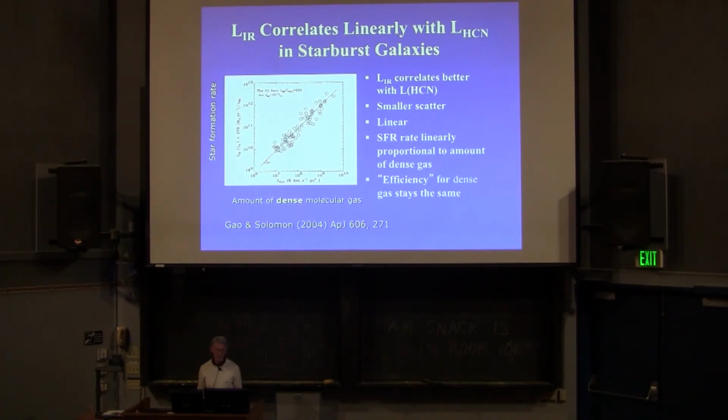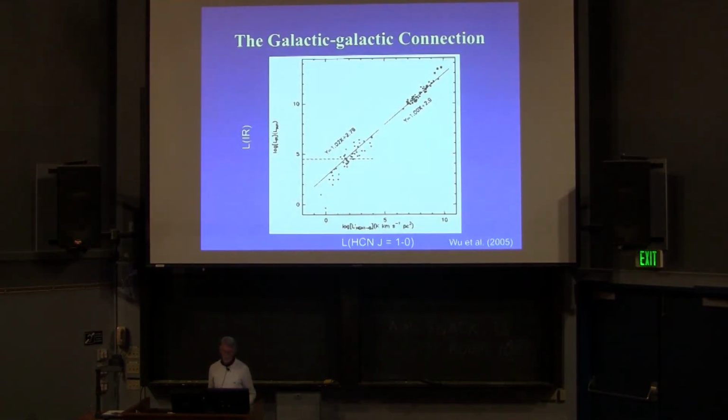The correlation is somewhat better, with smaller scatter. There are lots of caveats, but in general this is another extragalactic relationship. A few years back, Jingwen Wu and I decided to see if we could connect that up with what we know about massive dense regions in our galaxy. This is the extragalactic sample up there, and this is the group of massive dense clumps I've been talking about.